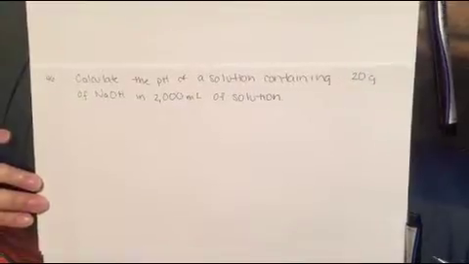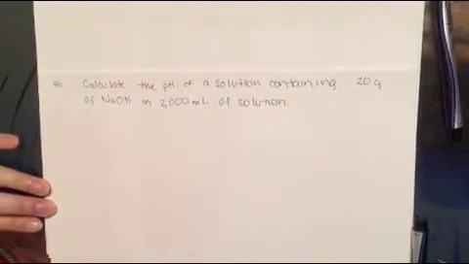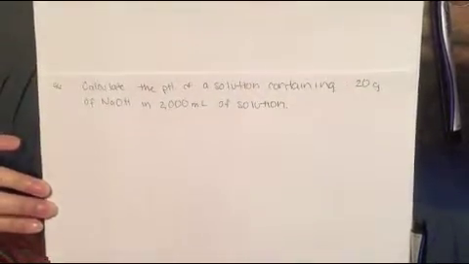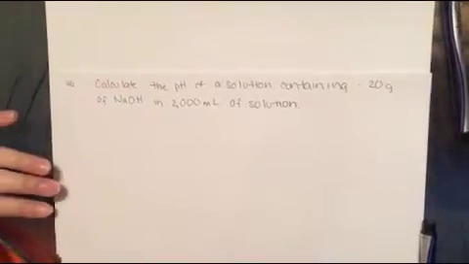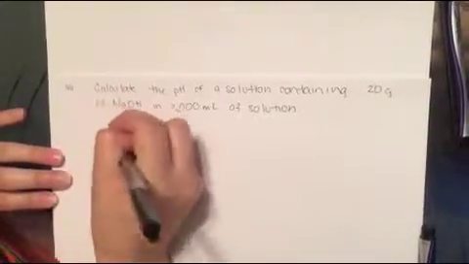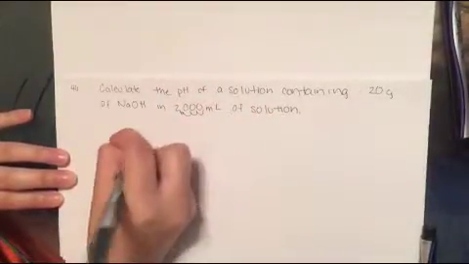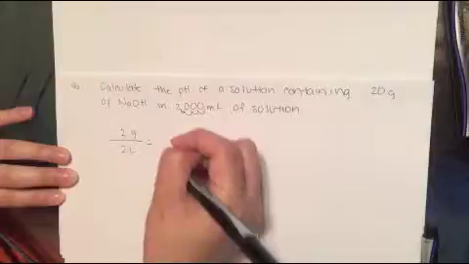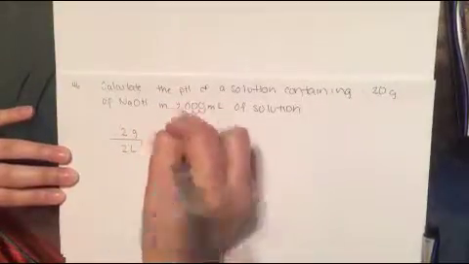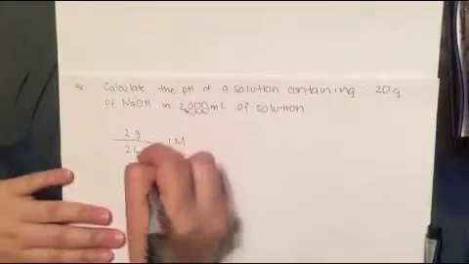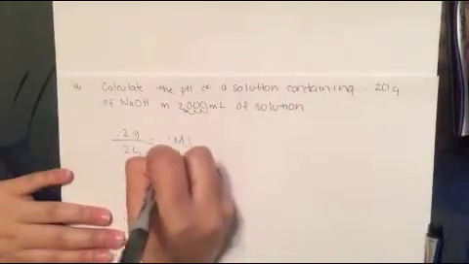Calculate the pH of a solution containing 0.20 grams of NaOH in 2,000 milliliters of solution. So first you have to get your molarity, which is just the 0.2 over 2 liters, which is equal to 0.1. And from there you can go ahead and use your pH equation.